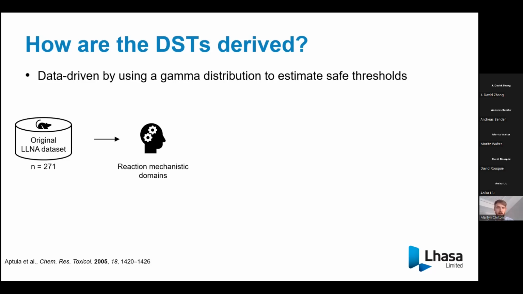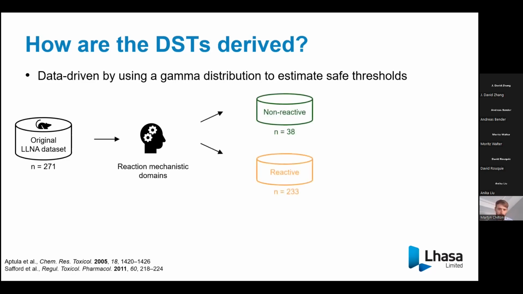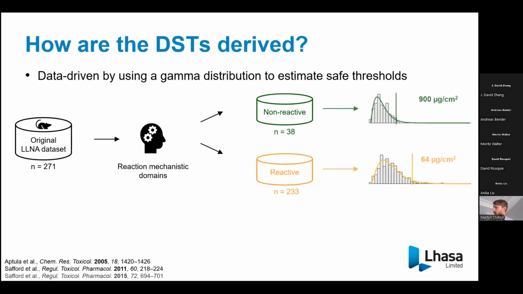What that means is that a human expert who has this knowledge can look at the data set, and this is what they did. Just by looking at the chemical structure, you can say, is it likely to be reactive or non-reactive? So they split that data set into reactive and non-reactive. And for each set, they fit a separate gamma distribution and took the relevant percentile to get a threshold.